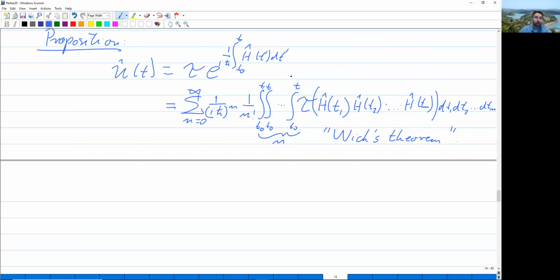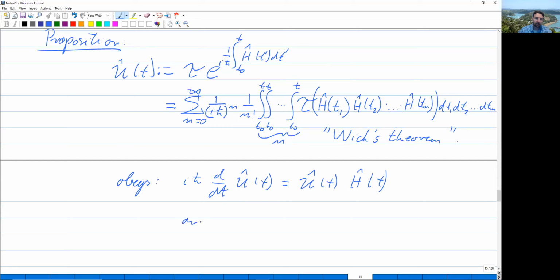But to complete the proposition, it says that this so defined time evolution operator obeys the equations of motion. So it obeys that i h bar d by dt of u hat of t is equal to u hat of t h hat of t, with all of its glorious time dependence, and the initial condition u hat of t naught equal to the identity.